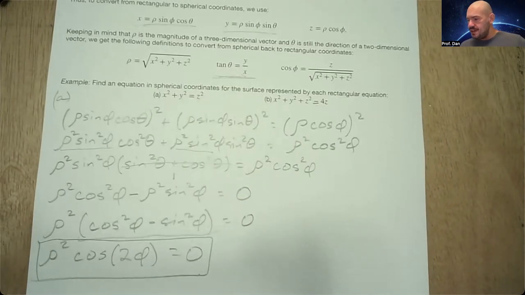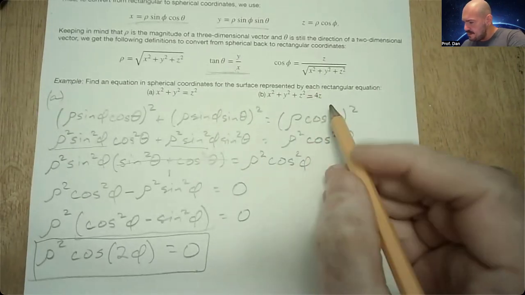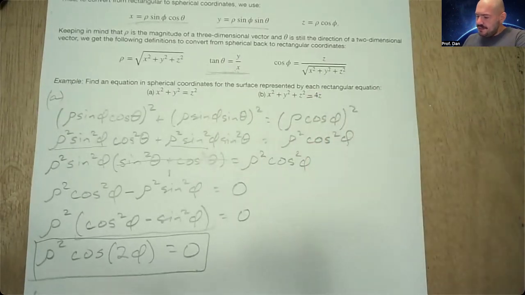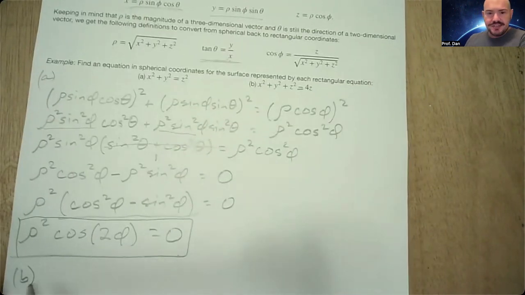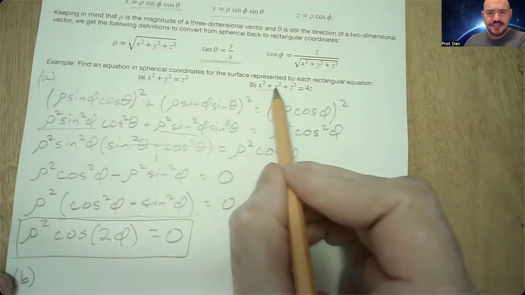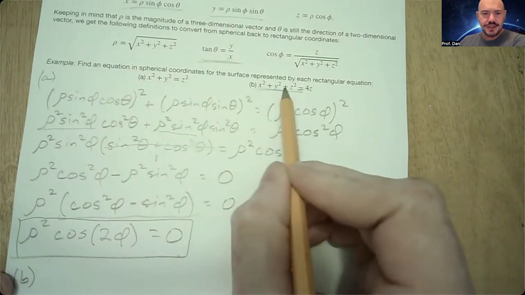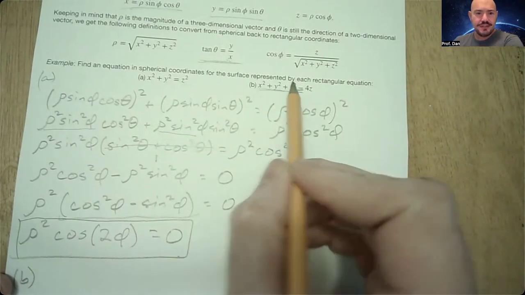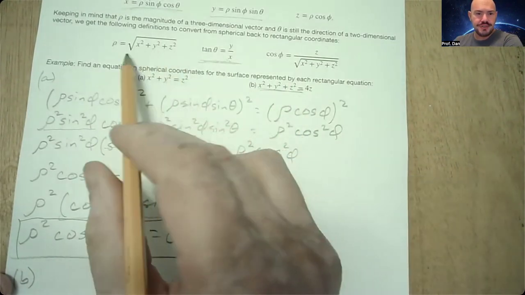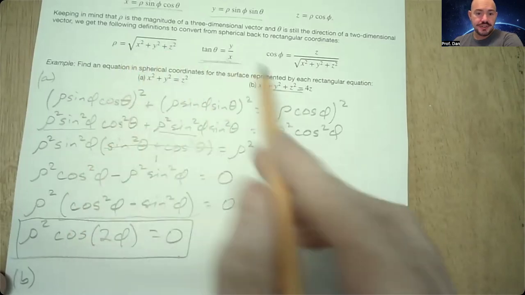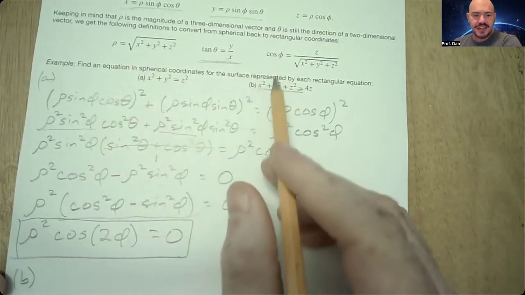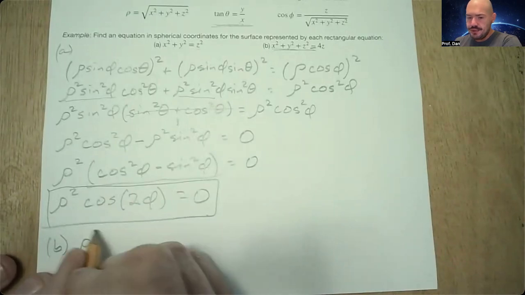So that's part A. Now we'll look at part B, right? So for part B, the first thing I notice in this equation is that the left-hand side is x squared plus y squared plus z squared. That's what's under the square root for our definition of rho. So I could replace the entire left-hand side with just rho squared.